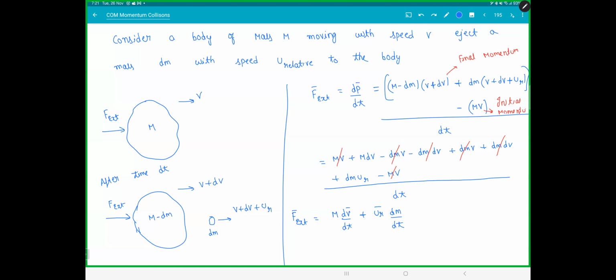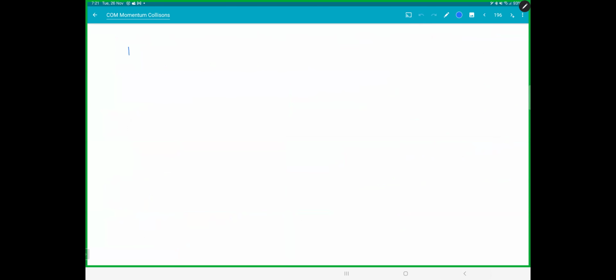Clear? So I write this here: F external is mass times dv by dt plus u relative dm by dt. This m is the mass of the body at time t.